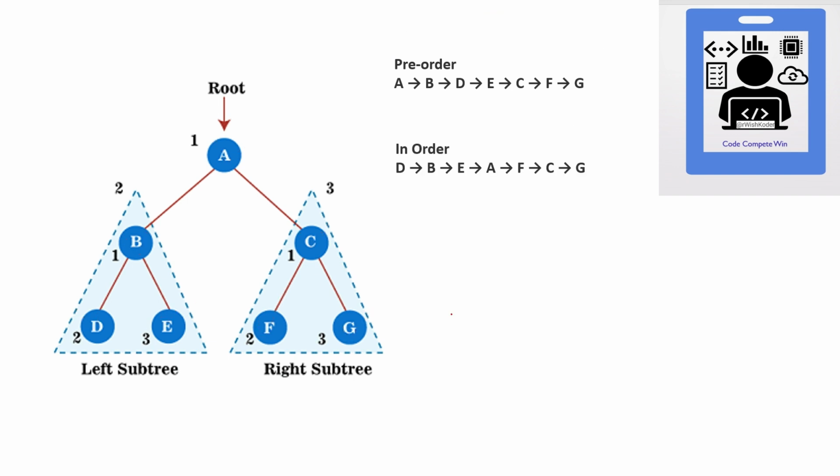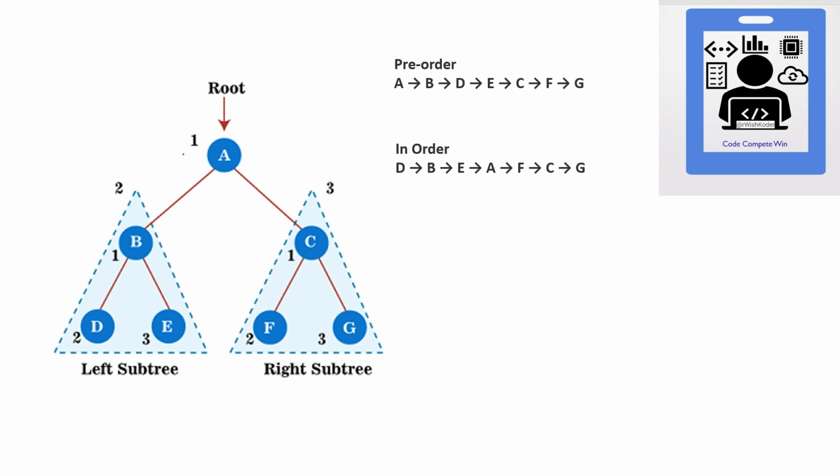In in-order traversal, first we visit the left subtree, and then we print the data inside the root and then visit the right subtree.